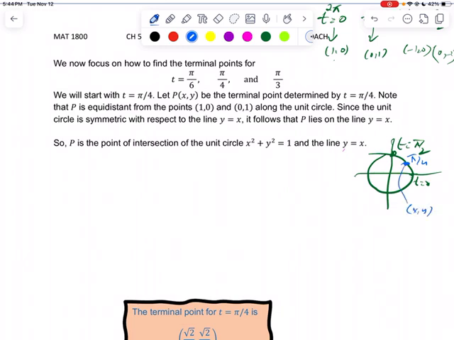So it lies on the unit circle, so it satisfies the equation, but it also lies on the line y is equal to x. Why do we know that? Because it is basically dividing the first quadrant into two equal portions.